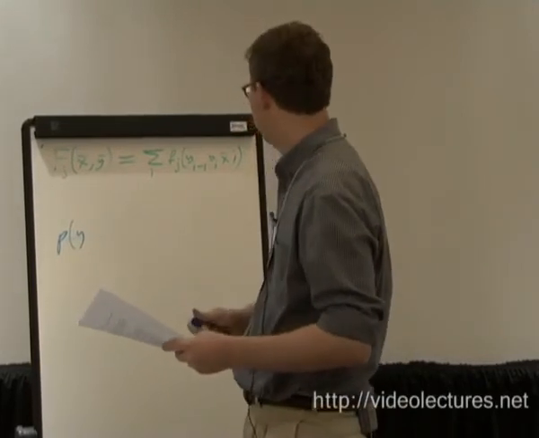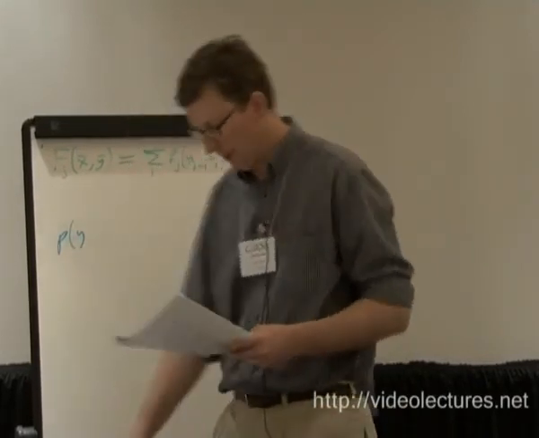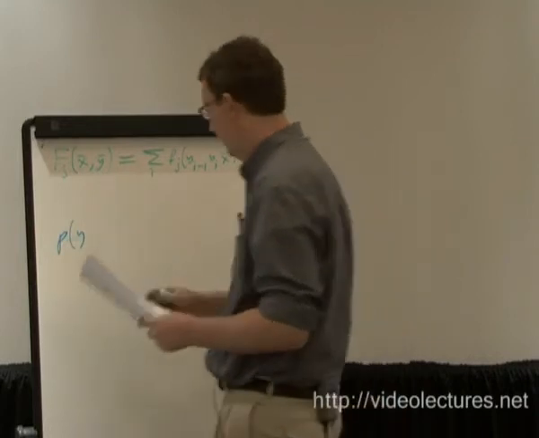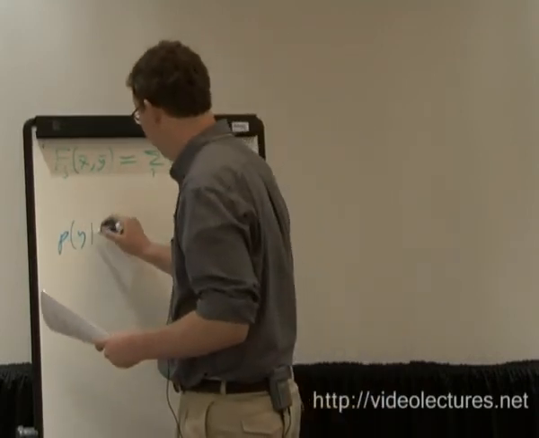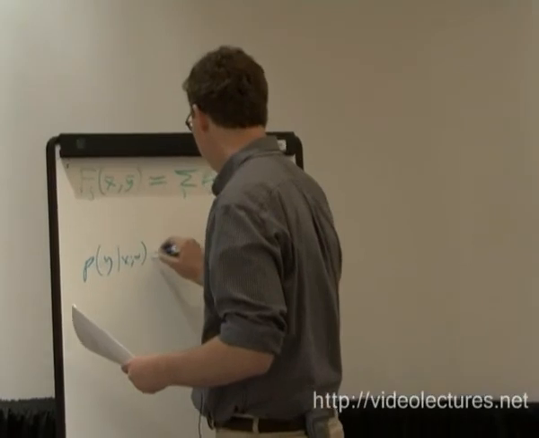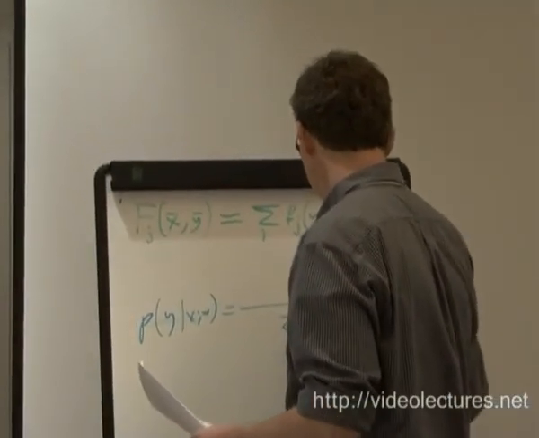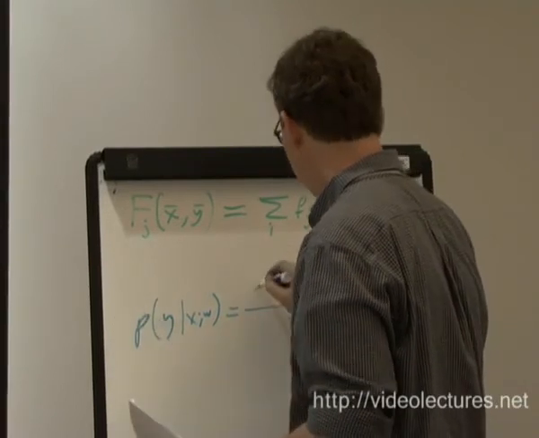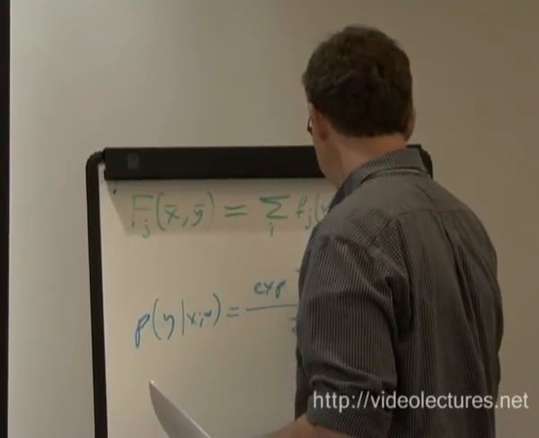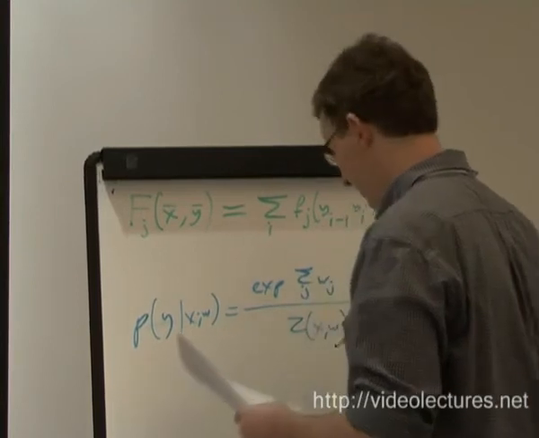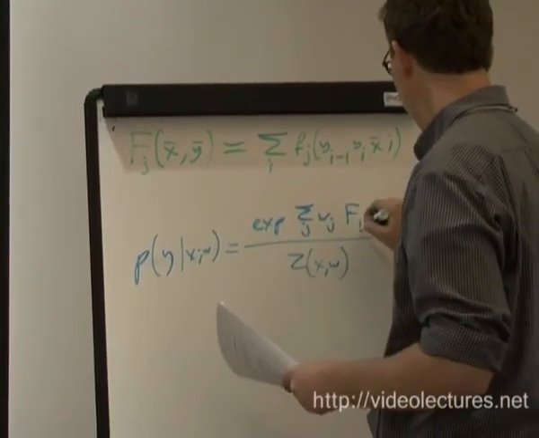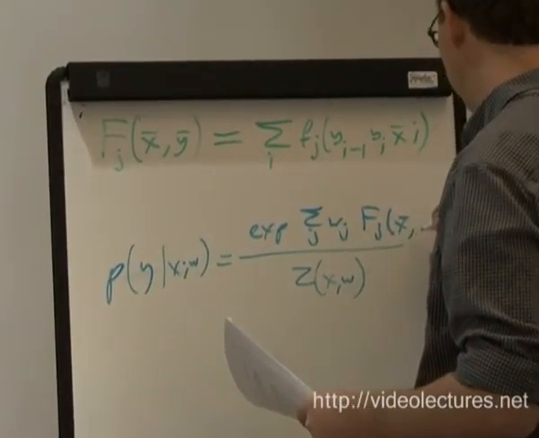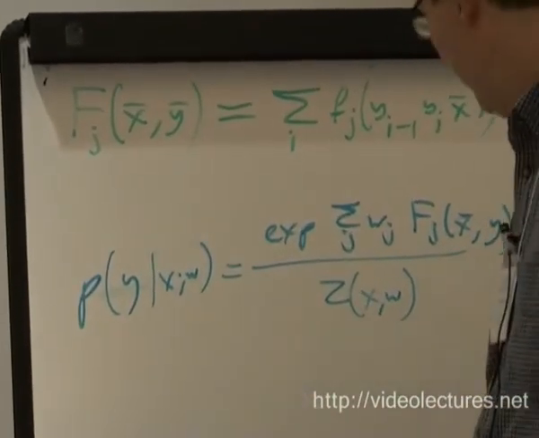So my model is the probability of y given x and w: a normalizing function Z(x,w), times the exponential of the sum over j of parameter w_j times f_j of x and y.